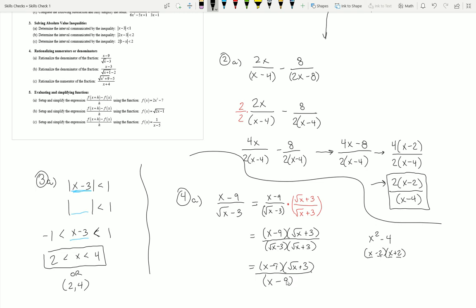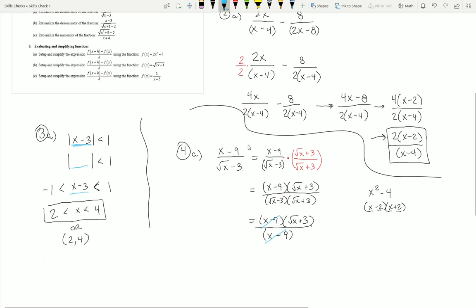So notice I'm left with x minus 9. Now, very conveniently here, I end up with an x minus 9 in the numerator and in the denominator of my fraction, and so I can remove those, and ultimately I'm just left with square root of x plus 3, or technically square root of x plus 3 over 1. But this is perfectly good.